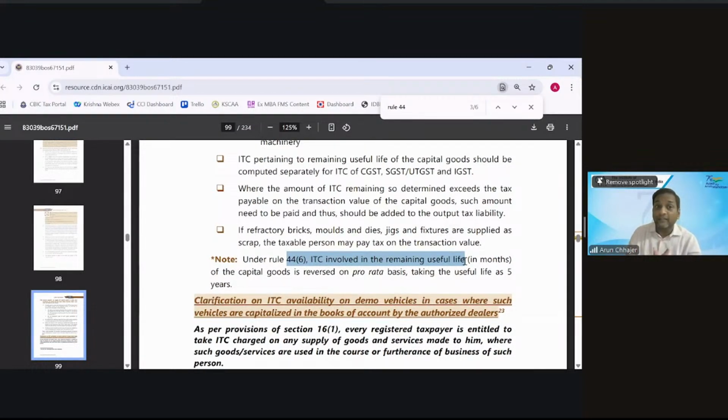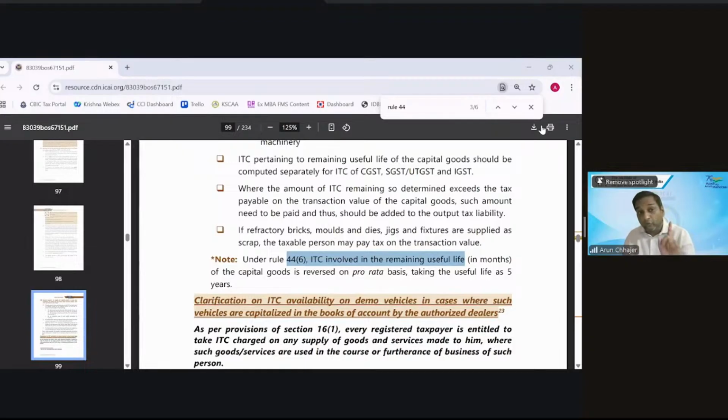Then Rule 40 Sub Rule 2, or let's say remaining useful life is only 4 months. If I will apply the Rule 40 Sub Rule 2, I will apply that remaining useful life is 2 quarter. That is 10% remaining useful life.